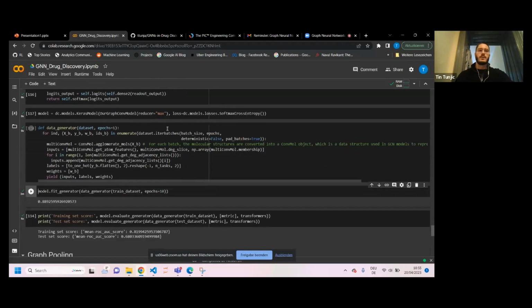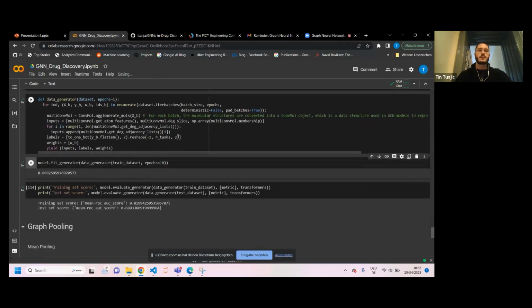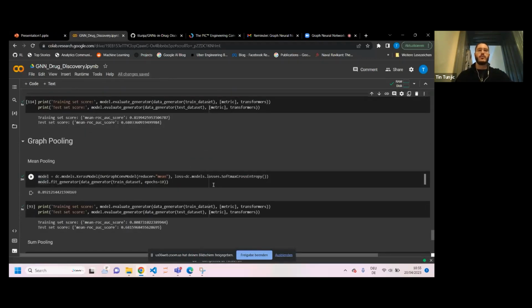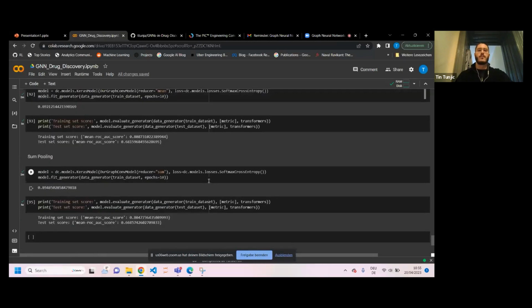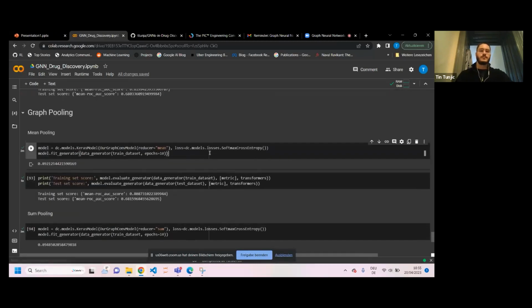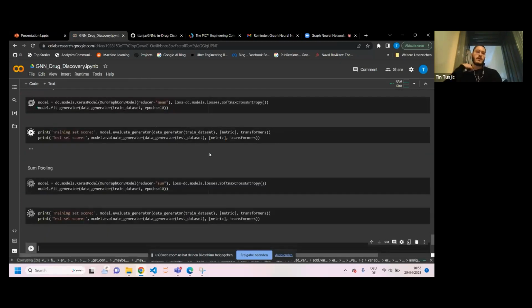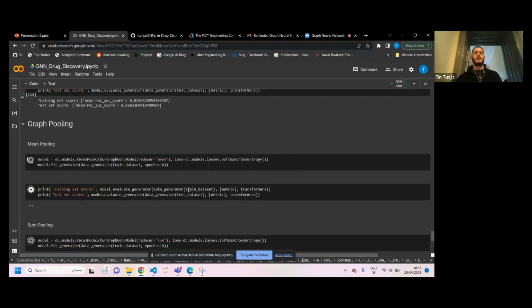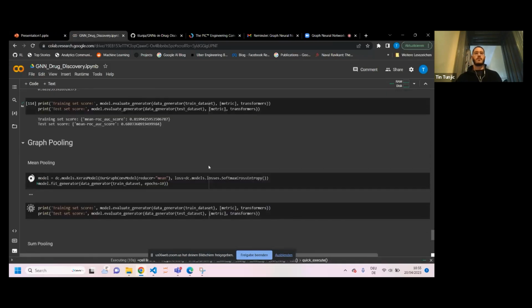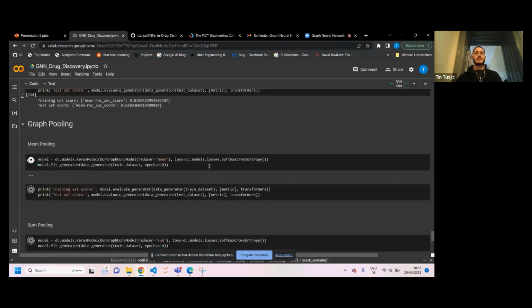We already ran it for the max reducer, right? Now we're going to run it for the mean and sum pooling. I think this will take some time, but either way, we'll see what makes the most sense in this use case scenario.